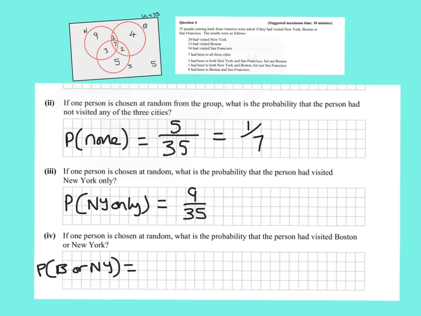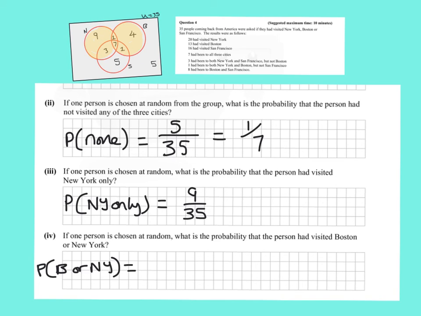Okay, so I first of all have to count up all of these numbers that are in this region here. I'm just going to highlight it so you can see a little bit better. I'm going to be looking at all of the people that are here and all of the people that are in this region as well. So N union B, okay? And yes, that includes some people who had been to San Francisco as well.